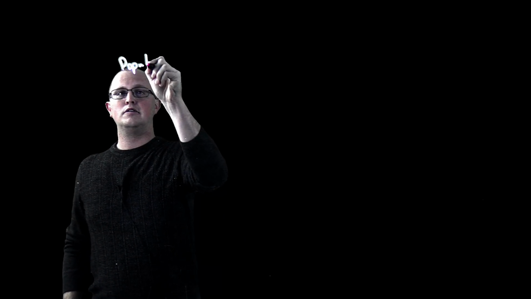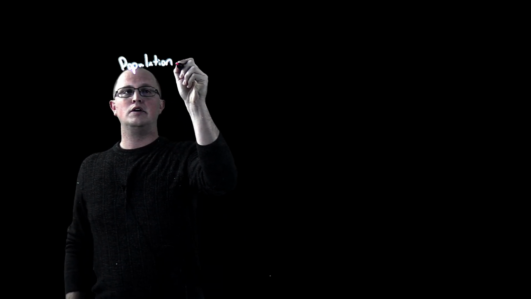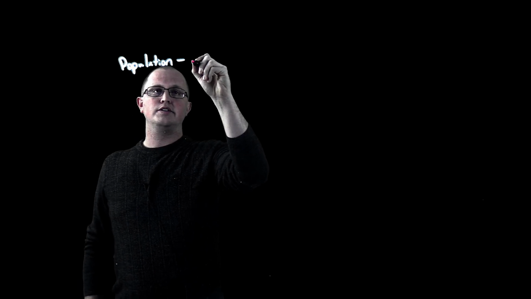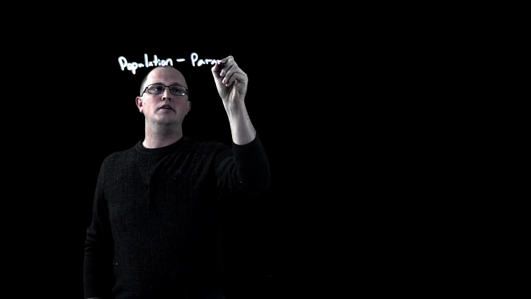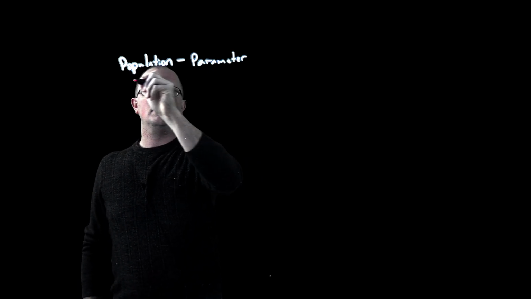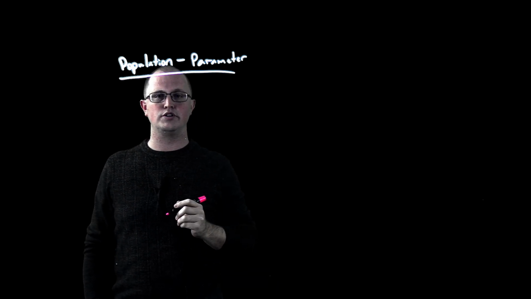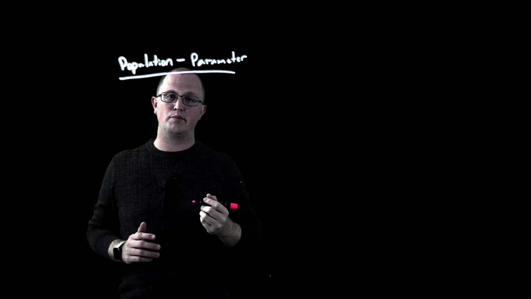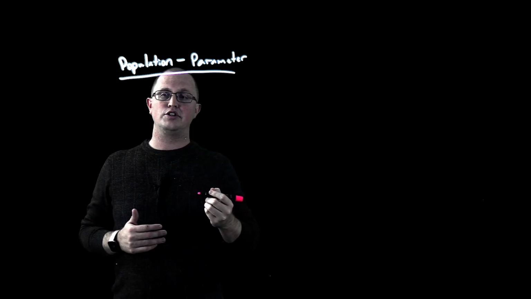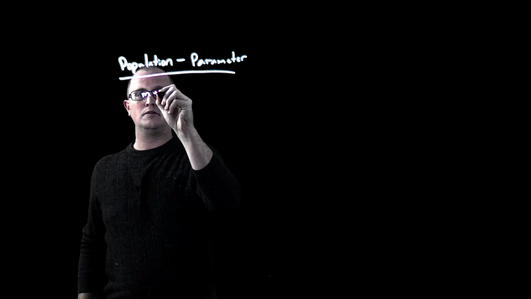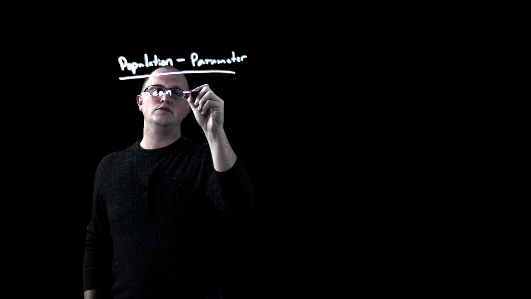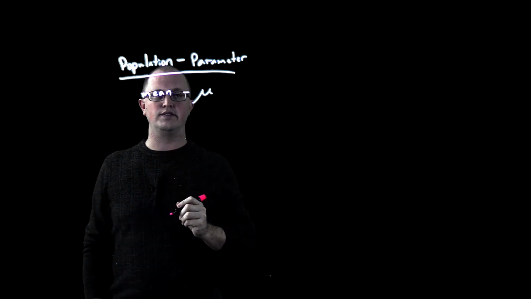So whenever we're talking about the value of a population, that means that we're trying to talk about the parameter of a population. So if we're trying to talk about the population mean, we use a mu to represent that.